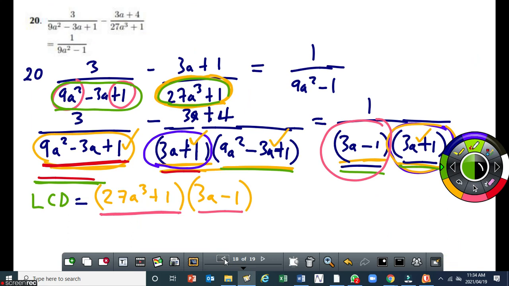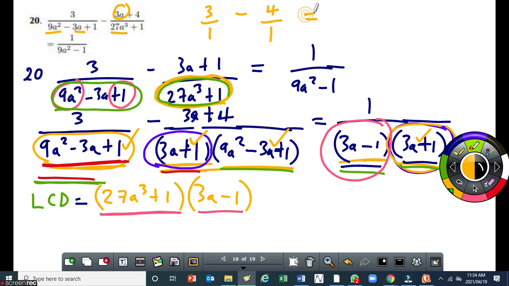If you test the first answer, a equal to 0, let's just test the first one; you can test the second one. If I put a equal to 0 here, I'll end up getting 3 over 1. Minus, if I put a equal to 0 there as well, I'll get 4 over 1.